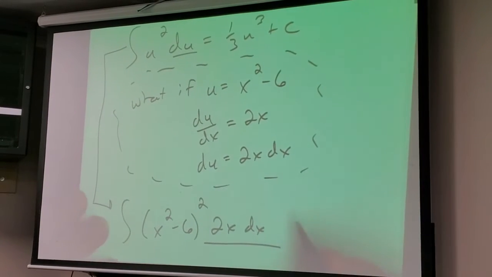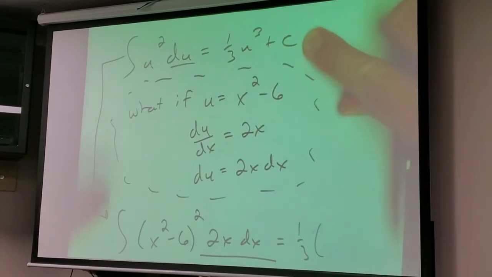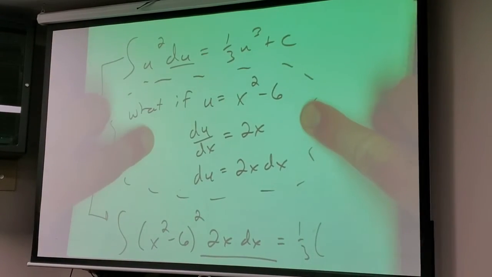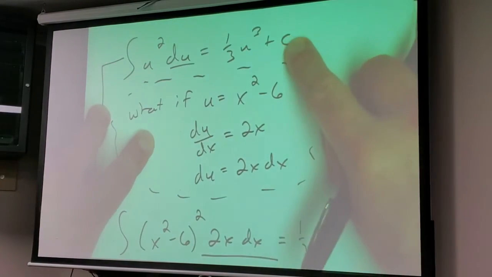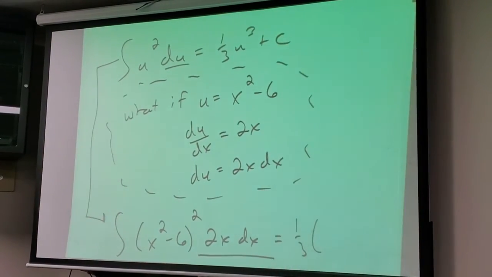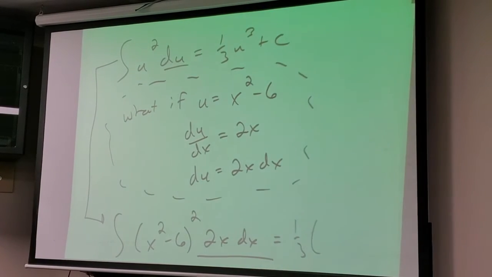And we're claiming that this answer is going to be 1/3 u cubed. Didn't I make substitutions here? This is true, period. You just said, that's the answer, and you didn't say, if u is x. So what could u be? It could be anything. I like it.